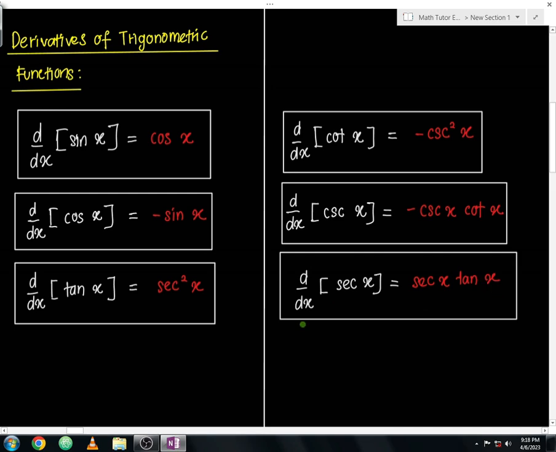As you can see for these formulas, you can sense there is a pattern: secant square, secant square, which you can relate with tangent, and similarly cotangent and cosecant. They are relatable to one another. I hope that is a little tip you can use to help solve derivatives of trigonometric functions problems.